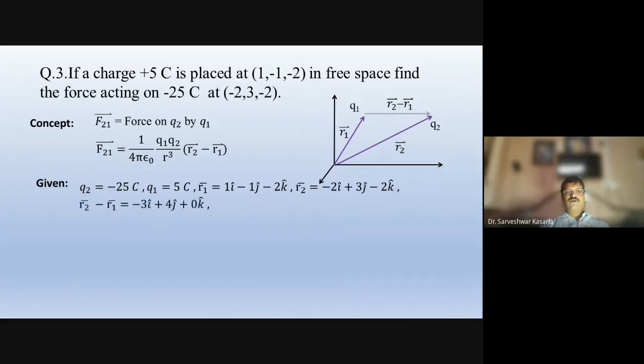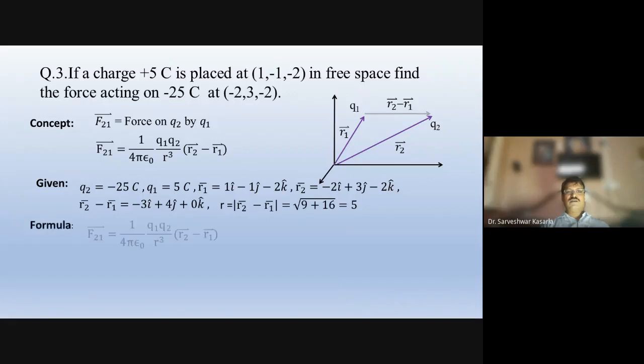So vector r2 minus r1 is minus 3i plus 4j plus 0k. You need not write 0k, you may simply write minus 3i plus 4j only. The magnitude of vector r, which is r2 minus r1, is equal to the square root of 9 plus 16, that is equal to 5. So we have arranged this data and we will use it to solve the problem.